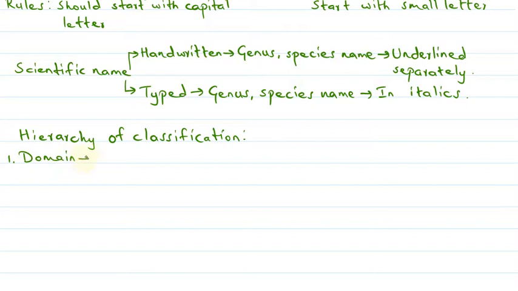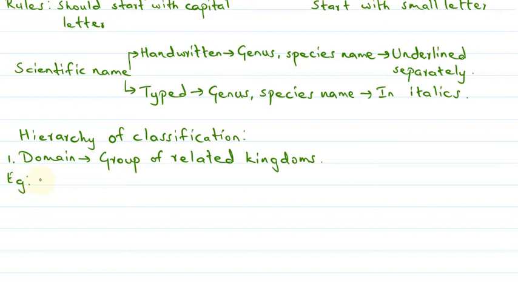Domain is the highest level of classification, which includes a group of related kingdoms. Okay, it includes a group of related kingdoms.